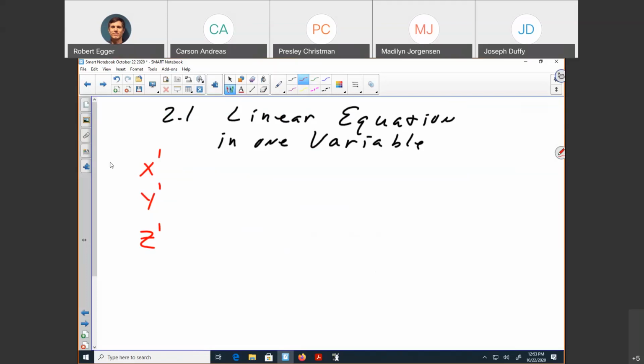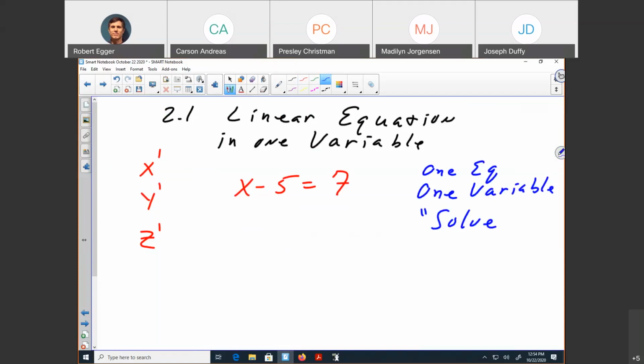The classical linear equation will be, oh, that's 2 variables. It'll be something like x minus 5 equals 7. Now, if I only have one equation, one variable, I can solve that.